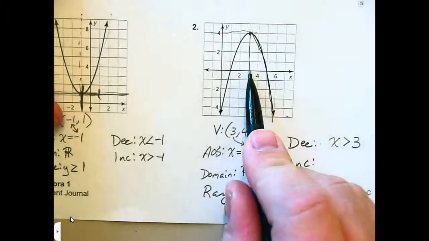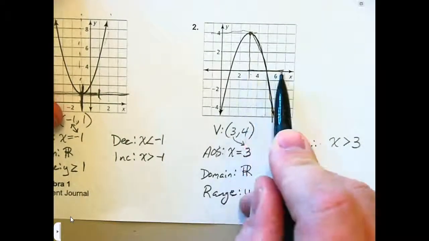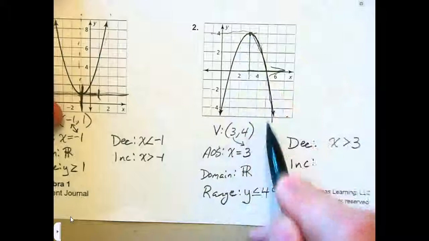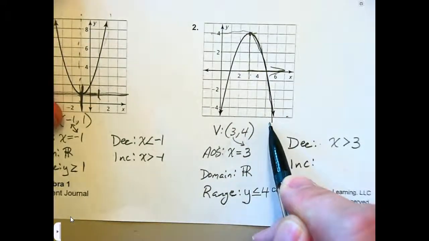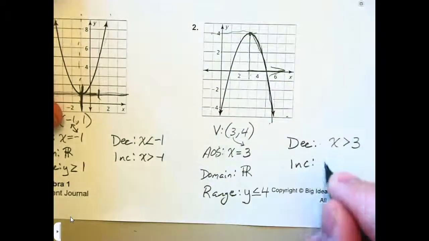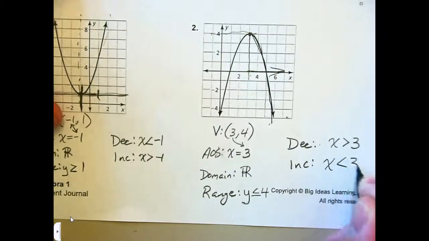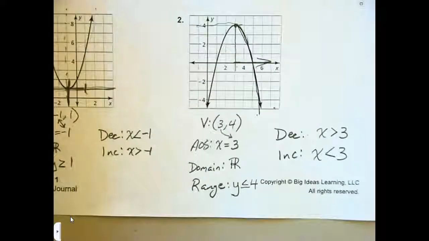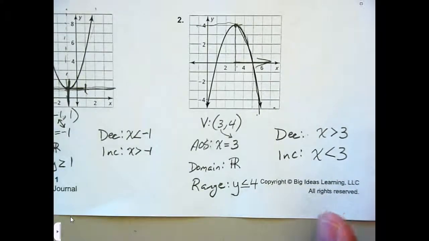On this side of the line of 3, it's decreasing, and it's increasing on the other side. Cool?